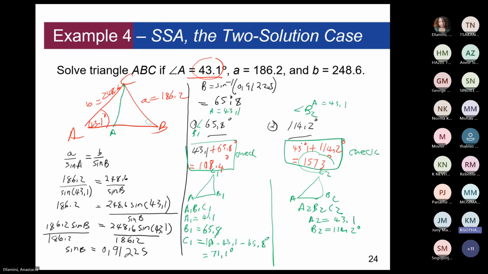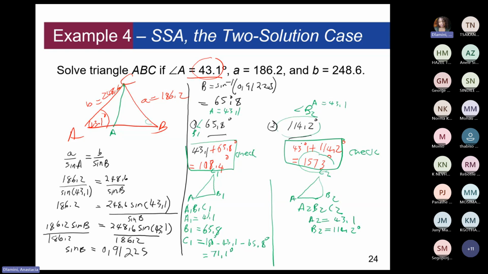Yes. I'm still lost. So does it mean A is the reference point? So basically, it means that A, not really, okay, how am I explaining it? You can't say A is a reference point though. Does it make sense? We are saying that B can either be 114, like this.